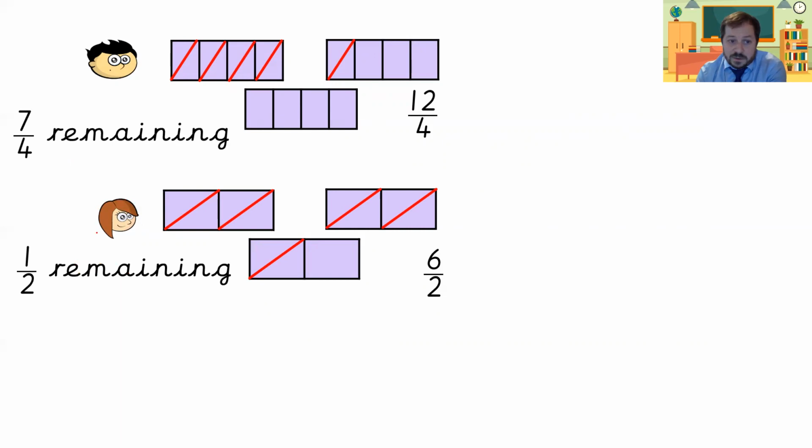And that leaves the girl with only half left. And remember, half is the same thing as 2 quarters. The person that has the most left is very definitely Jack. And you can do a comparison like this by comparing the 2 numbers, and you have to times that number by 2. Or just look at the diagram, and you can see it.